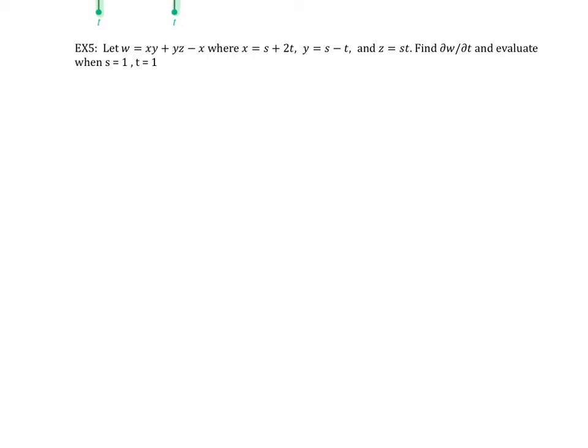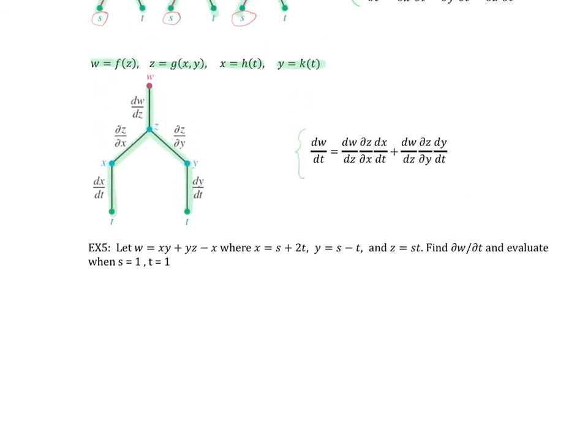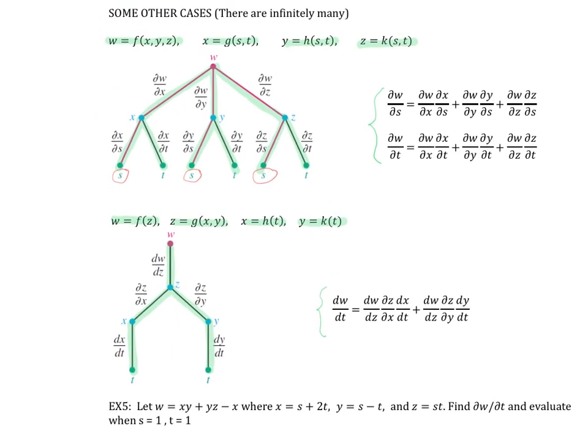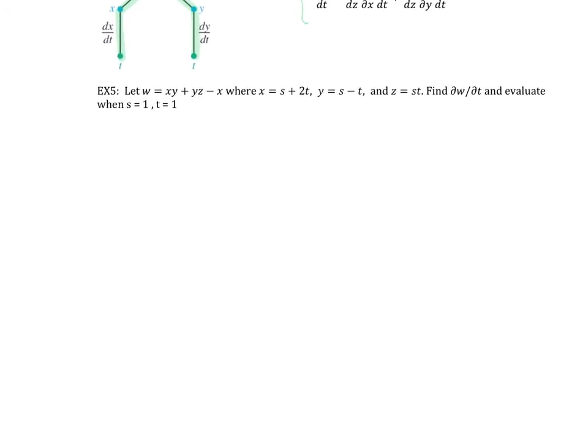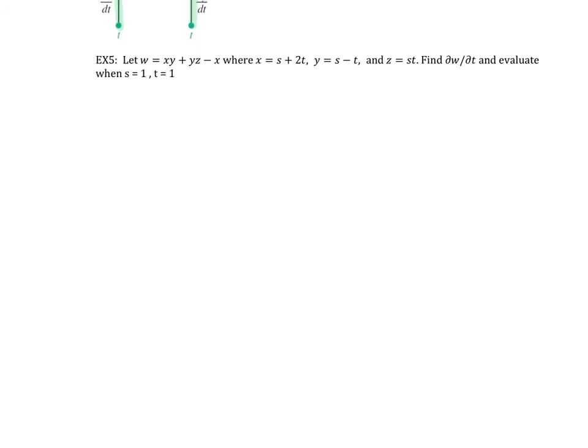Let's do another example. Example 5, w is written in terms of an x, a y, and a z, so three variables. X is written in terms of two variables, s and t, y in terms of two variables, s and t, and z in terms of two variables, s and t. So if we go back up, it looks like this top diagram. W is breaking off into three variables, x, y, and z are breaking off into two variables. So we are supposed to find the partial derivative of w with respect to t.